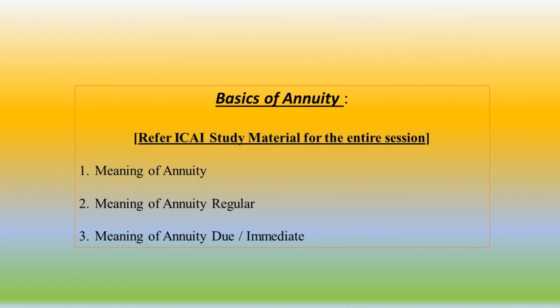The second installment will be paid on the first day of the second year, which is 1 year from today. The third installment will be paid at the second year from today. Whereas in the case of annuity regular, the first installment will not be paid today, but only 1 year later from today. Second installment 2 years later from today. Third installment 3 years later from today. Now, I hope you are crystal clear about the difference between an annuity regular and an annuity due or annuity immediate.